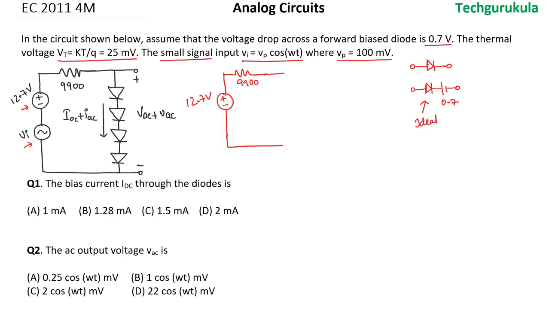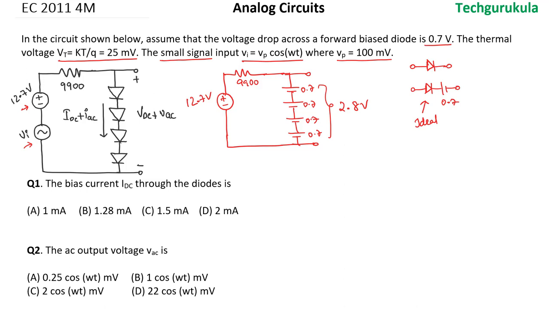When this ideal diode is forward biased, we will take it as a short circuit. So we'll substitute each diode with a voltage source like this. Hence we have 0.7 for each, indicating the cut-in voltage. In total, it is 2.8 volts. Now we are supposed to find the IDC.